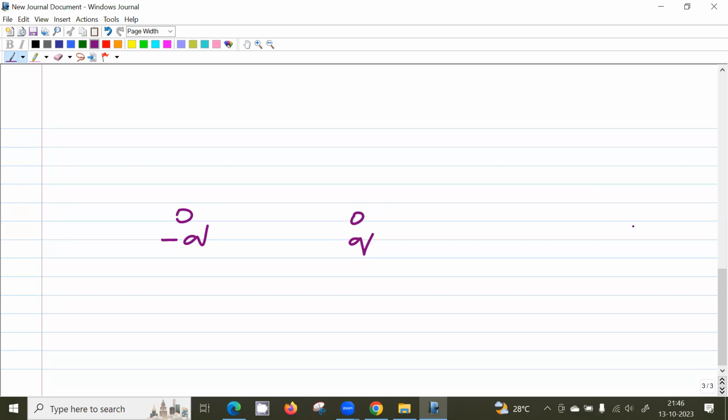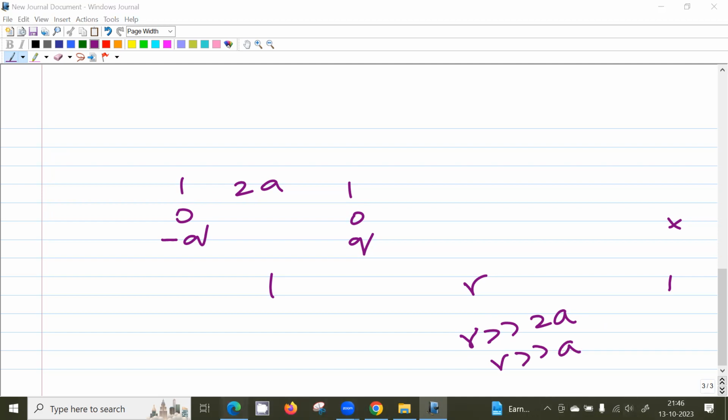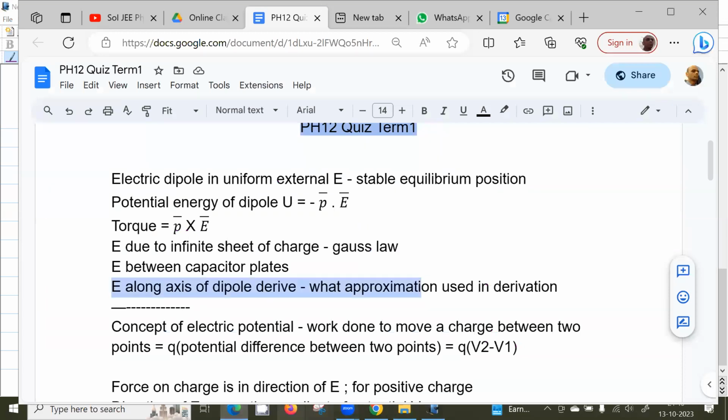I'm finding the electric field along the axis at a point which is a distance r from the center of the dipole, and the size of the dipole is 2a. We can find the expression for this electric field at this point under the assumption that r is much greater than 2a, or the same as saying r is much greater than a, because this approximation is used in deriving the expression for the electric field. So you should know this derivation.